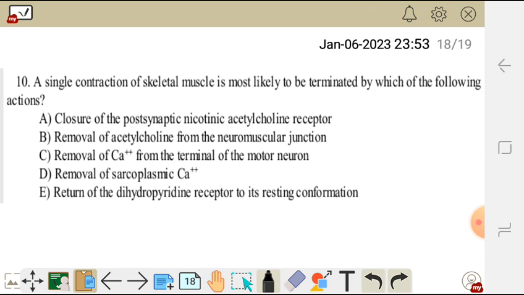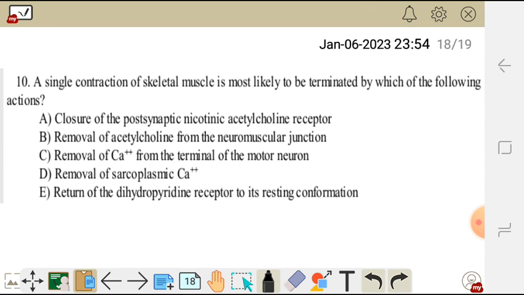So to terminate a single contraction, you remove the sarcoplasmic calcium. If you close the postsynaptic nicotinic acetylcholine receptor without removing the sarcoplasmic calcium, the calcium inside the muscle cell, the contraction will continue.